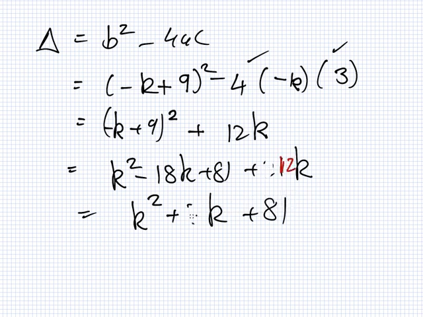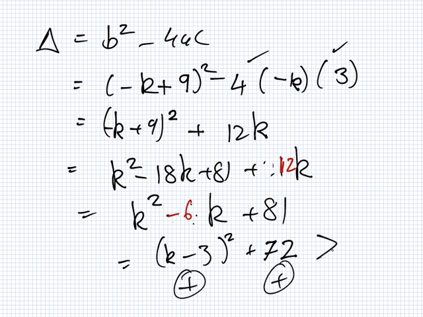So what is this here now? This is k minus 3 squared, plus 72.